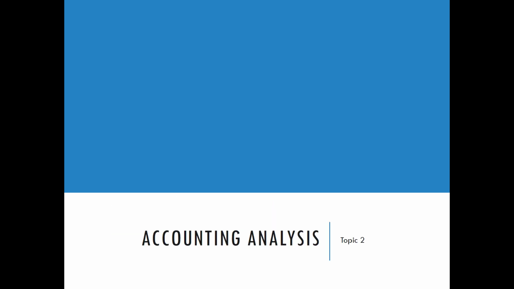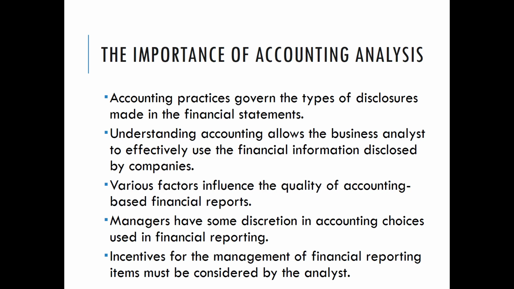Now, in week 2, we started talking about accounting analysis, and we decided that accounting analysis is something that we need to do before we touch any of the numbers. When we value a business, we're valuing it based on the financial statements. So before we even look at the financial statements from a valuation perspective, we first need to understand whether we can trust the figures.